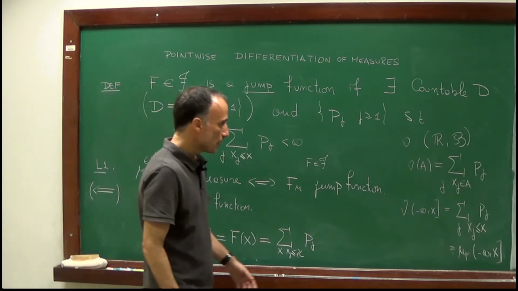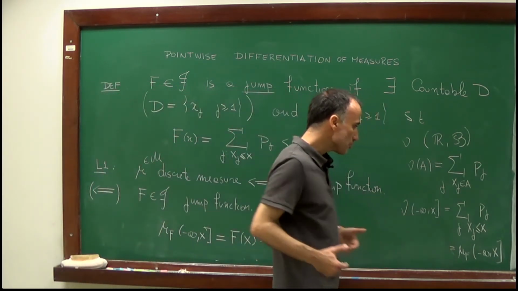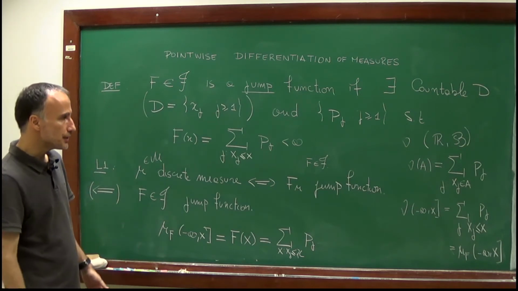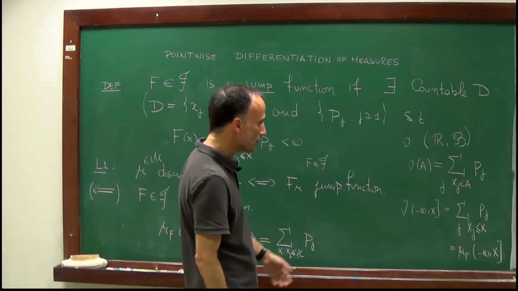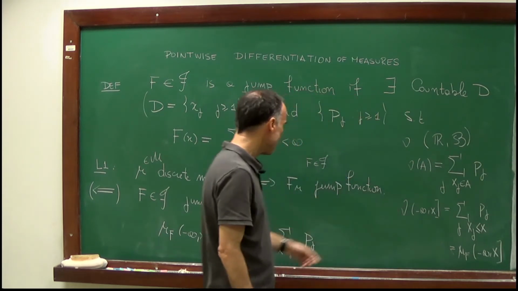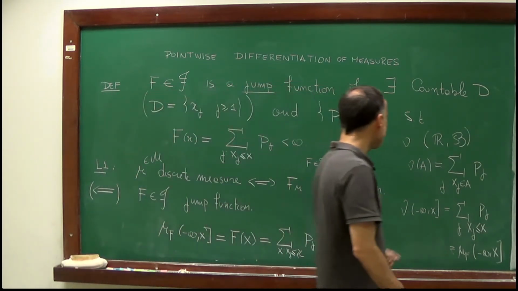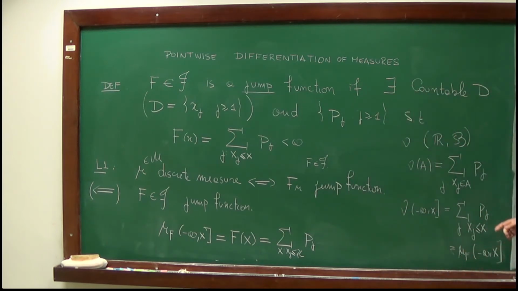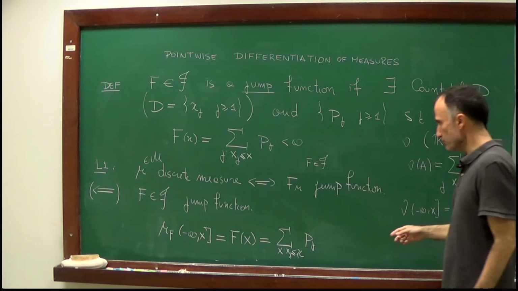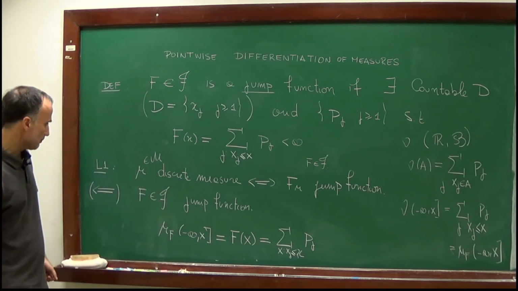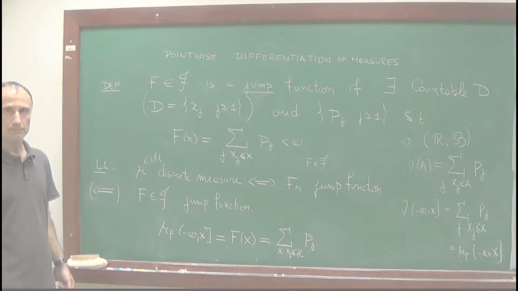Since these two measures coincide in the semi-algebra and the extension to the Borel sigma algebra is unique, these two measures coincide, and this proves that mu f is equal to nu, which means that mu f is the discrete measure associated to the countable set D and the weights p_j, which proves that indeed mu f is a discrete measure, and this proves the lemma.